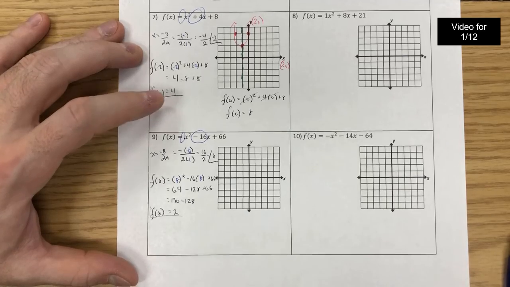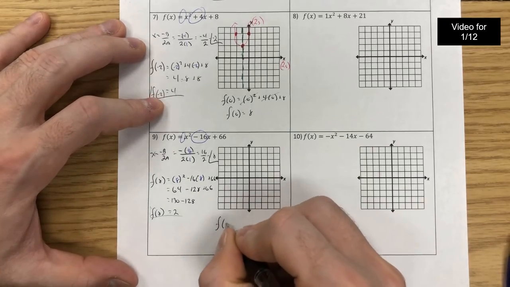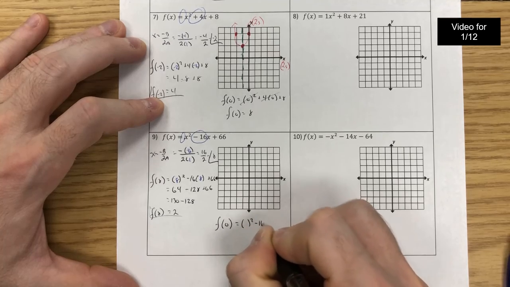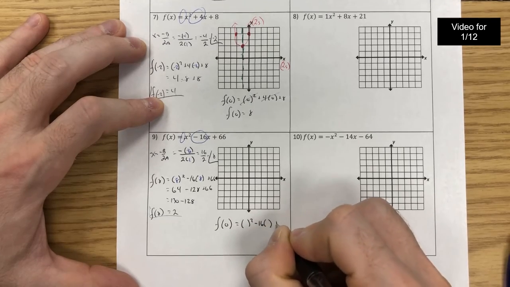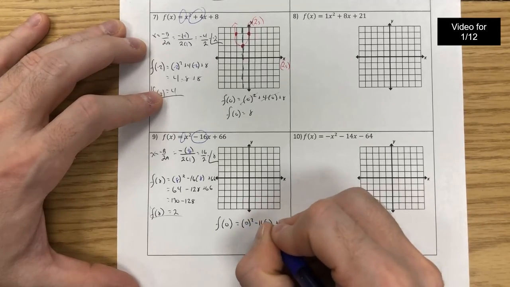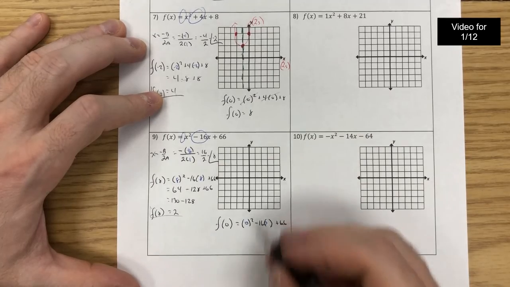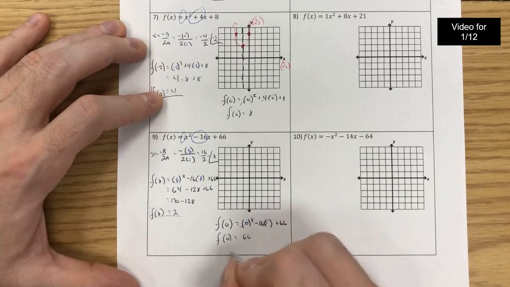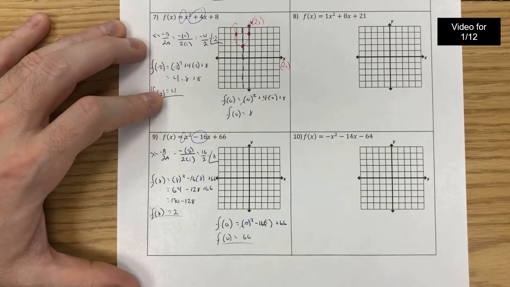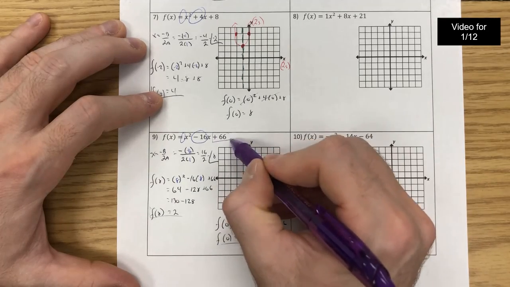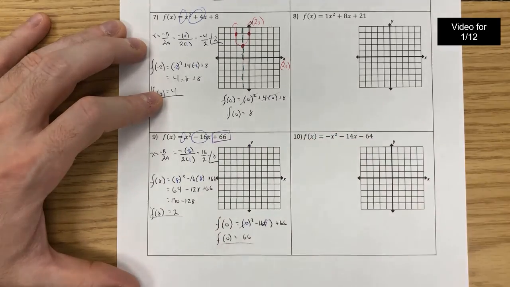Now I just need to find where my y-intercept is. And have any of you figured out the shortcut to finding the y-intercept? Well, when I plug in 0, the y-intercept, if you haven't noticed by now, it's always going to be that number right there.